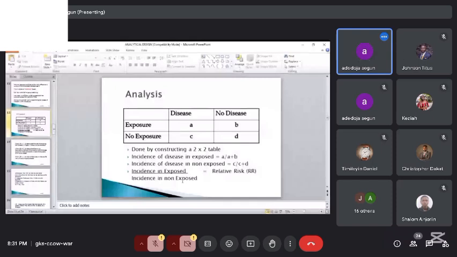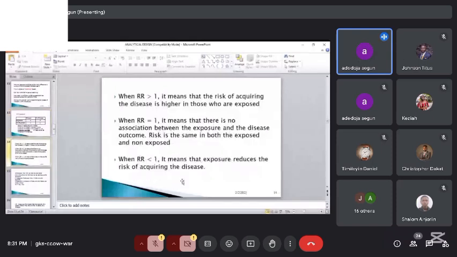If our final answer is greater than 1, it means that the risk of acquiring the disease is higher in those who are exposed. The risk of developing HIV in this context is higher among the participants that are exposed, among the participants that are having unprotected sex.